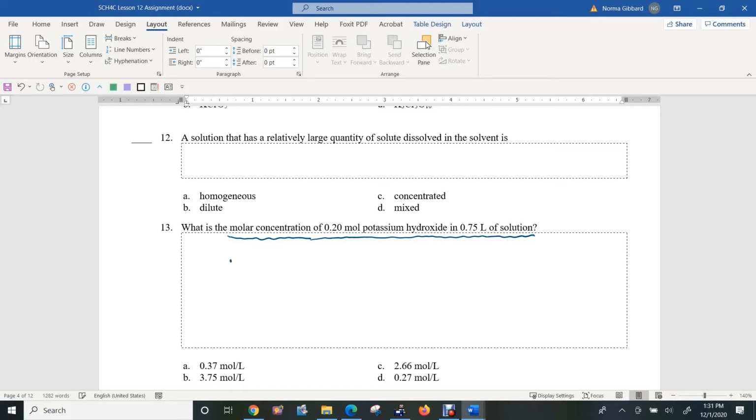So to do this, we're going to take our 0.20 moles divided by 0.75 liters, because we want mole per liter. And we do the math and we get 0.27 mole per liter.